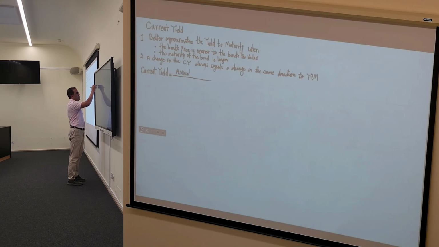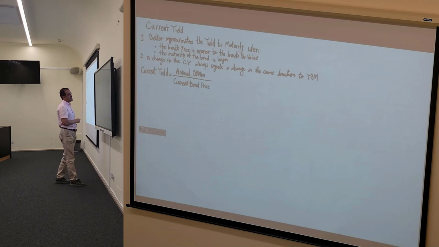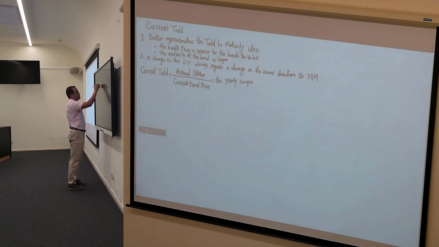As we said before, it is the annual coupon over the current bond price, that is equal to the yearly coupon payment divided by the price of a coupon bond.